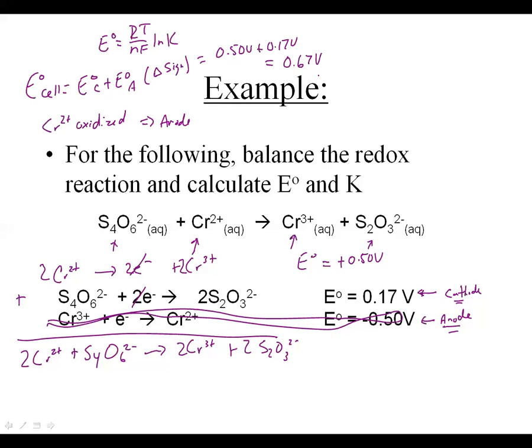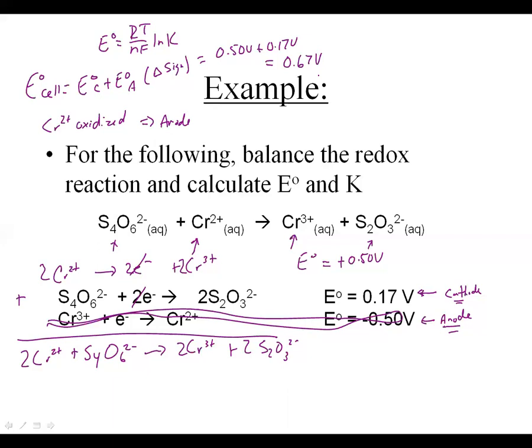So remember that, and these are really just basic redox reactions. Whenever you add the two half reactions, the oxidation half reaction and reduction half reaction, you always want the same number of electrons. So sometimes it does require you to multiply one of the half reactions by a number. It may also require you to multiply both half reactions by a common number. The key, though, is when we deal with the SRP value, even though you had to multiply like I did there by 2, it will have no effect on the E value for that half reaction.